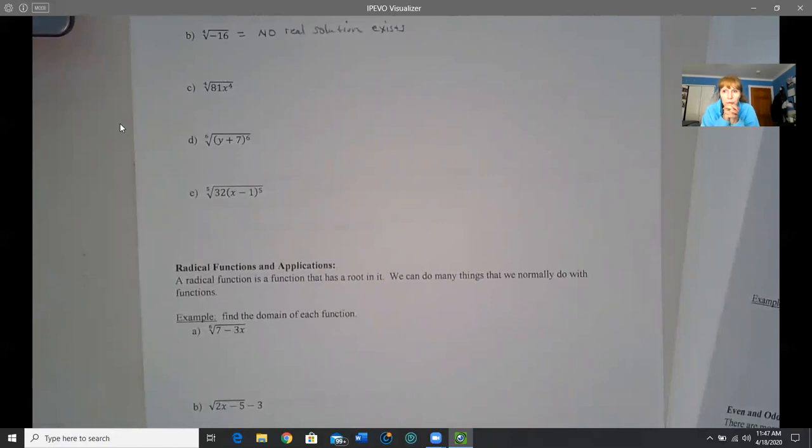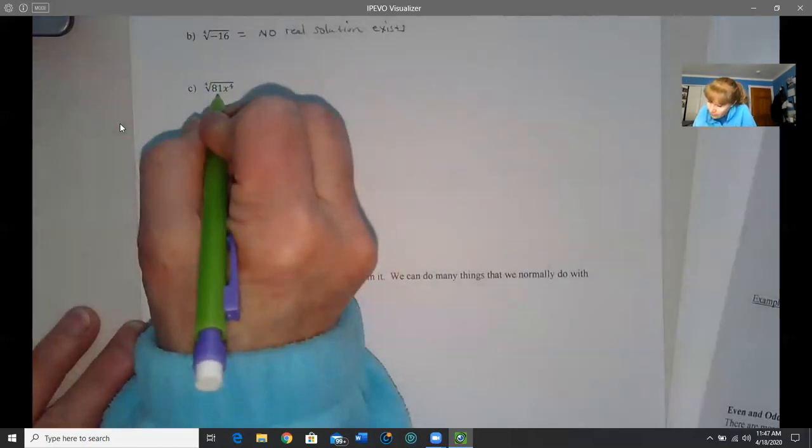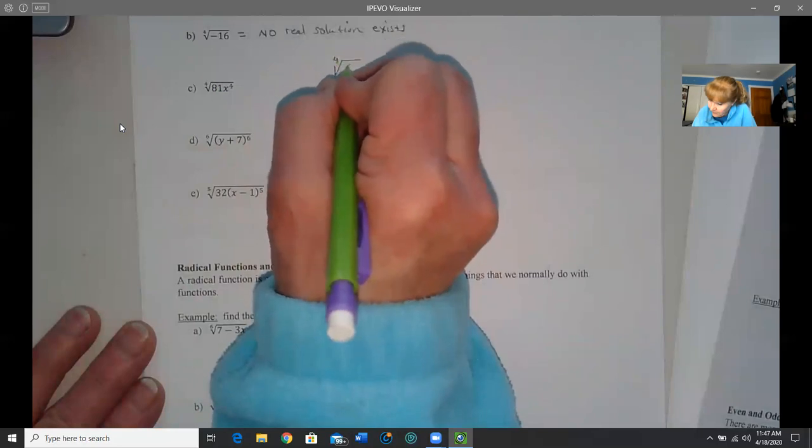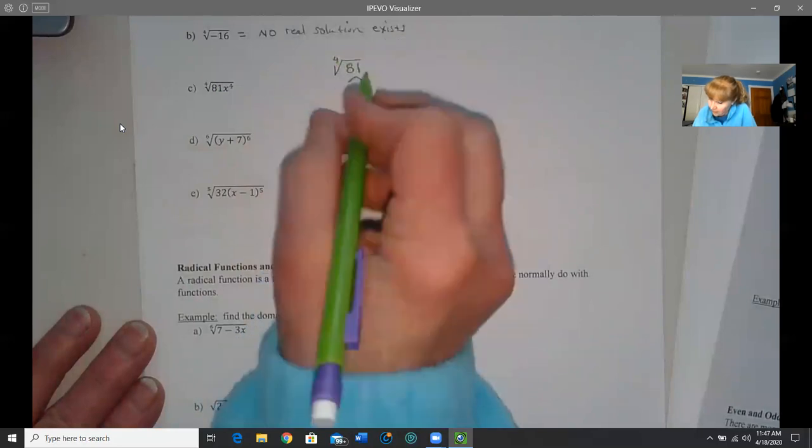Now we want 4 of something. Is there 4 of something in an 81? If not, the 81 has to stay underneath this 4th root. But let's look. So we're going to go ahead and break it down. Let's just concentrate on the 81.